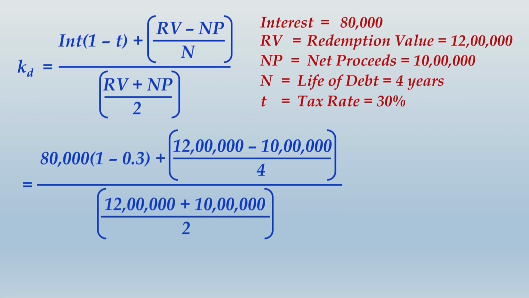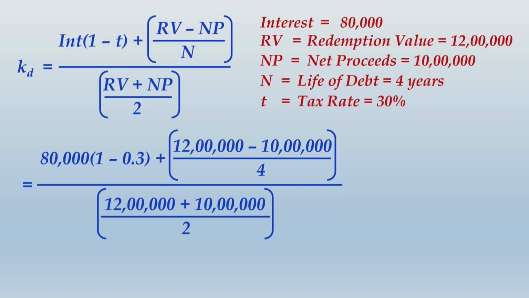So if you anyway apply this calculation, 80,000 into 1 minus 0.3 would give you 70% of 80,000, which will be 56,000, plus within the next bracket it is 12 lakh minus 10 lakh, which will be 2 lakhs of additional cost spread over a period of 4 years. So annual cost would be 50,000. 56,000 plus 50,000 will be the numerator.